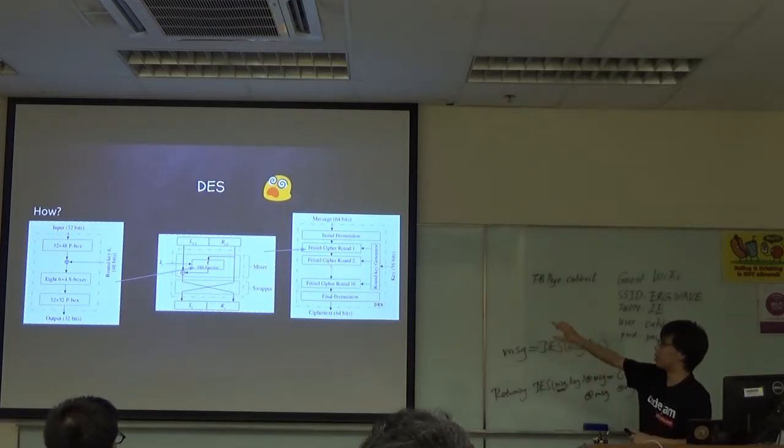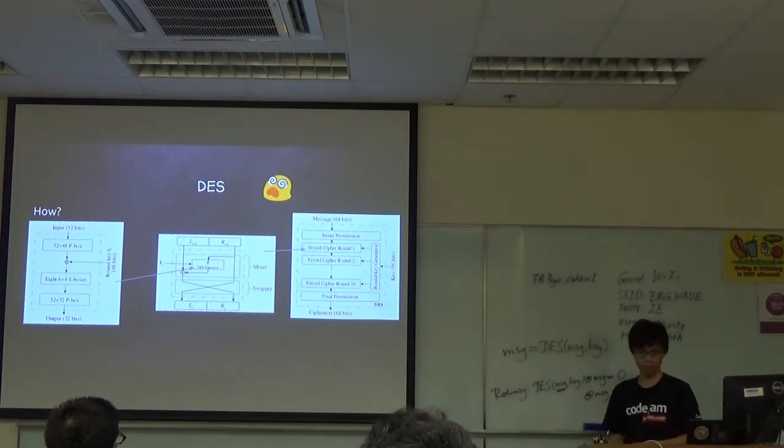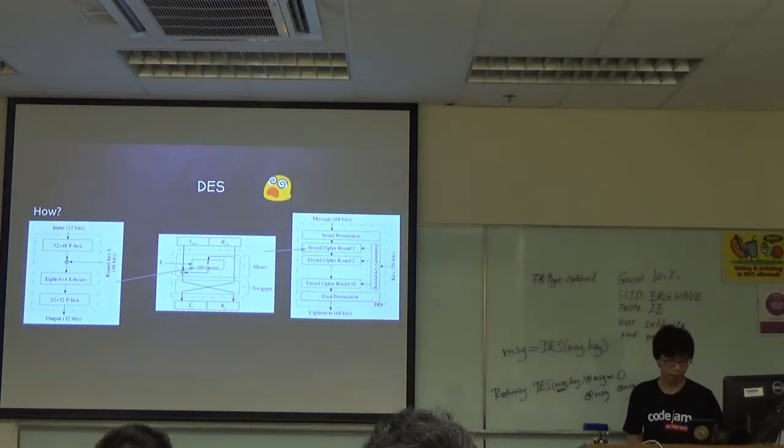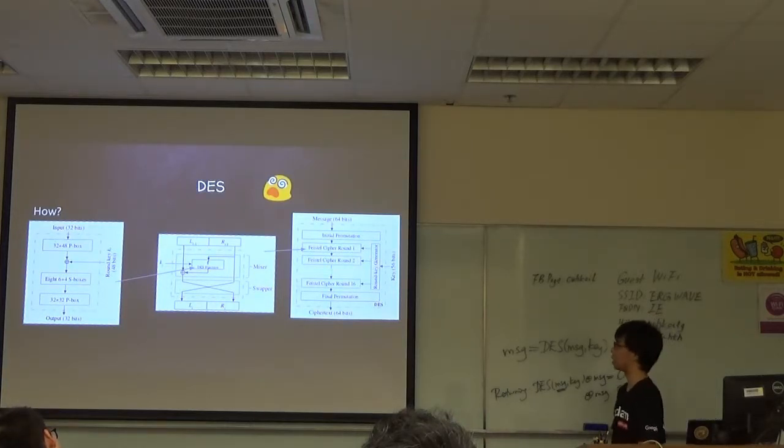So, if we can keep those 16 rounds being the same, it's okay, and we already have the problem solved. And indeed, it can. In reality, for DES, there are some weak keys that always produce the same round keys.